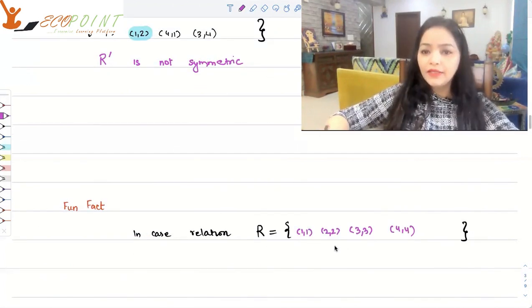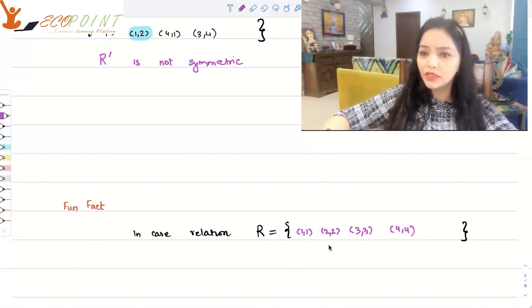Fun fact. If I take R as (1,1), (2,2), (3,3), (4,4), and I ask you a question, is this relation R symmetric in nature? The answer is yes. For a simple reason, as I mentioned in the previous example, (1,1) is there. That means 1 is related to 1.